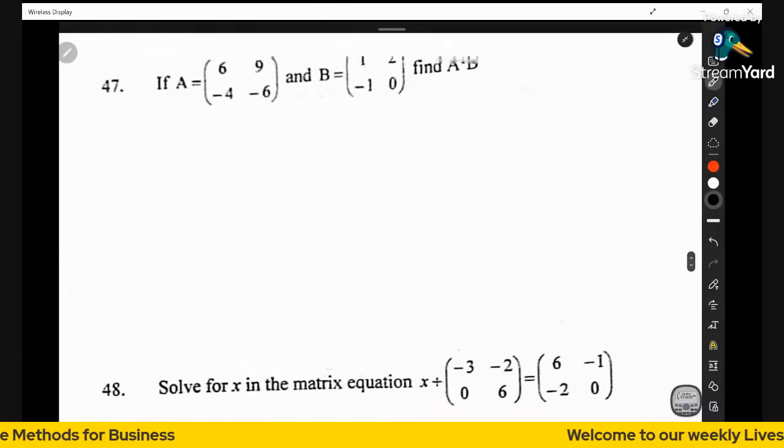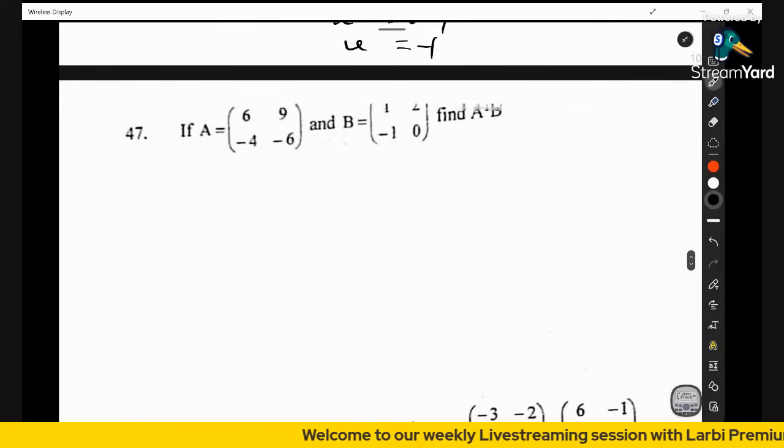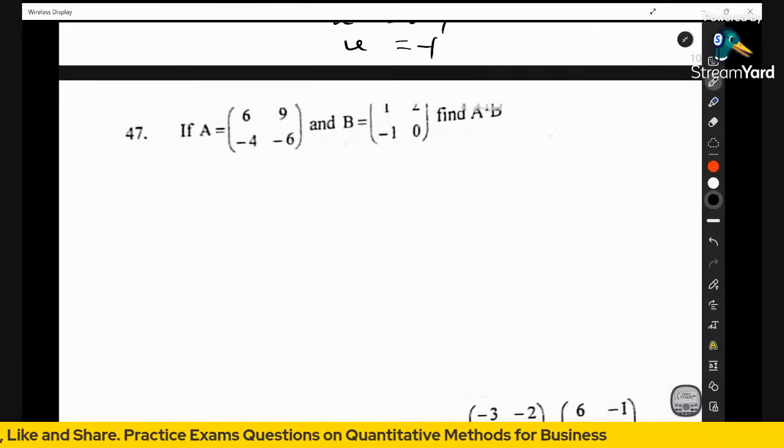Question 47. If A is equal to this and B is equal to, let's say, question 47, we have to find what? It didn't appear well. Typing mistake there. Let's check.